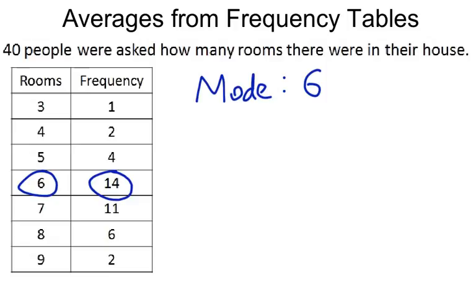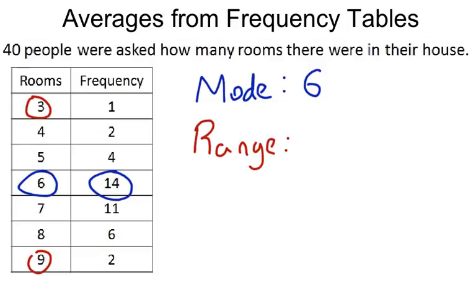The other one that's quite easy to find is the range. The range of the data, remember, is the biggest minus the smallest. Now the biggest data is 9, and the smallest data is 3. Notice again that the frequency is not the data.